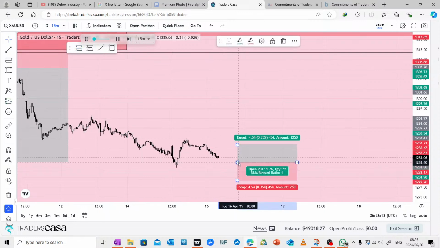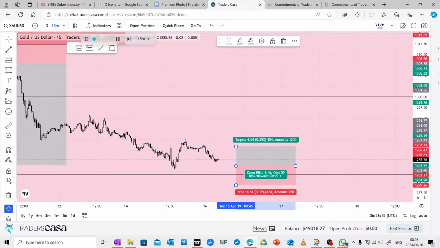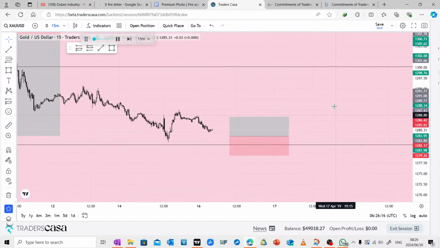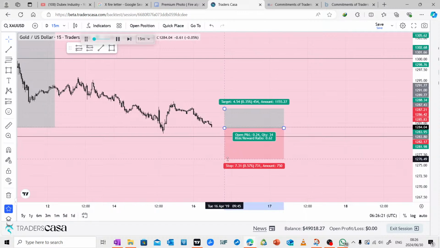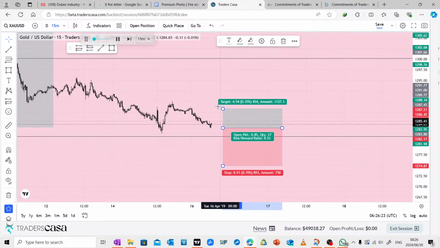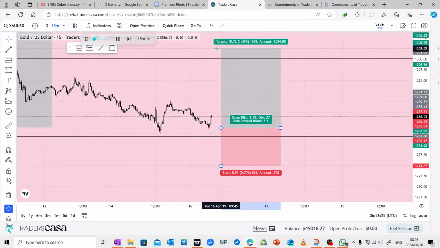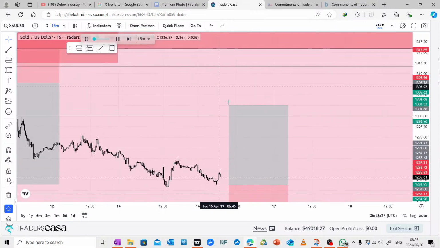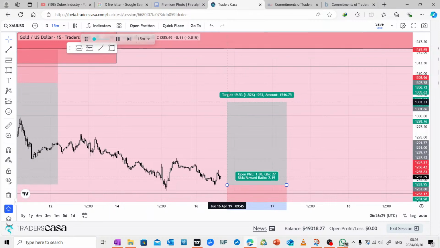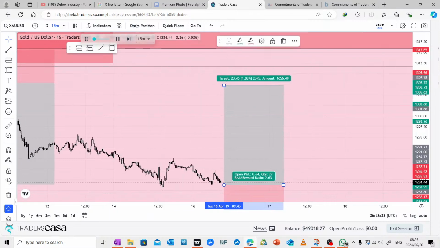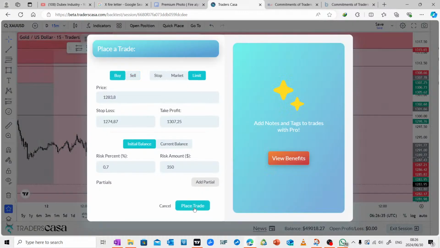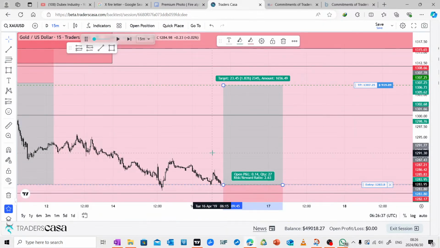I think that's worth it. Where my stop would be. Stop would be like there, because I'd rather put a big stop run and target the highs. Open. Place.